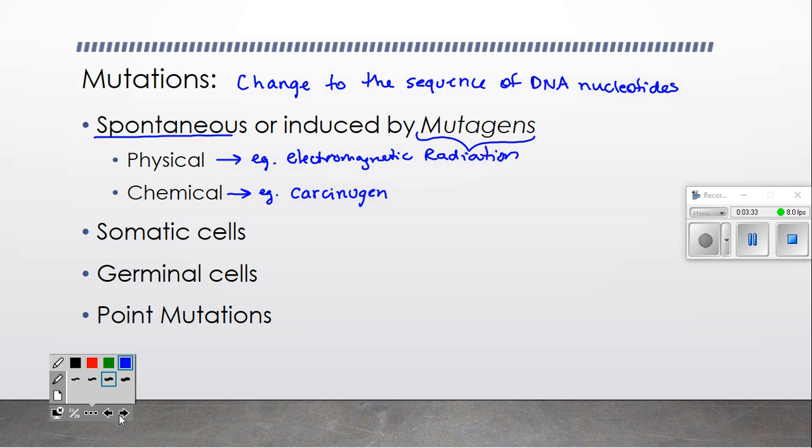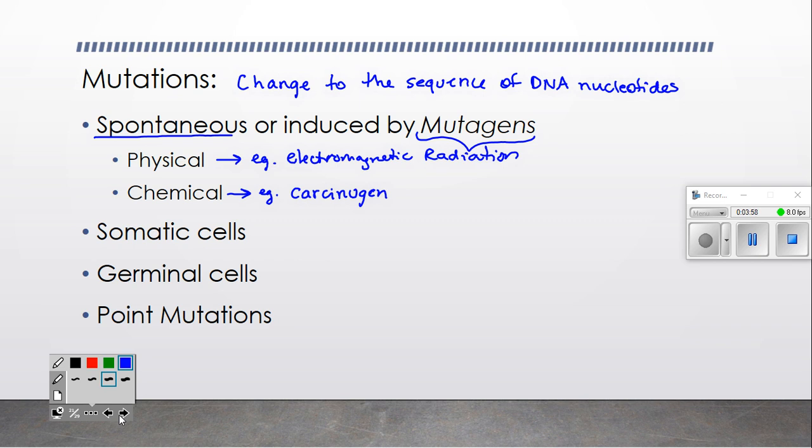But those would be an example of something that's a chemical that could cause a change to your DNA. You don't have to know the details of one specific type of mutagen. I just want you to know that there are physical things, so things that aren't a substance, and chemical things, things that are a substance, that could, not will, but could cause a change to the sequence of DNA nucleotides.